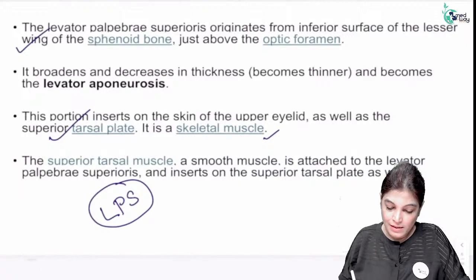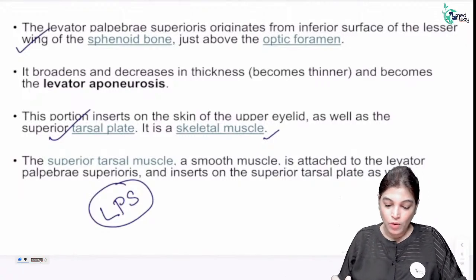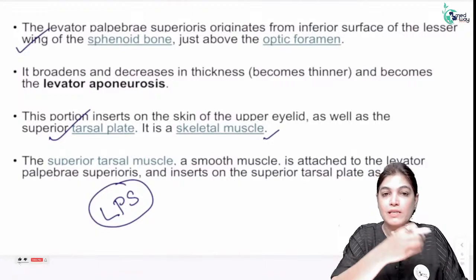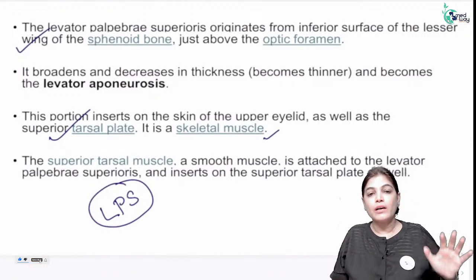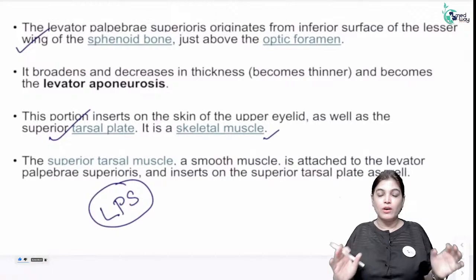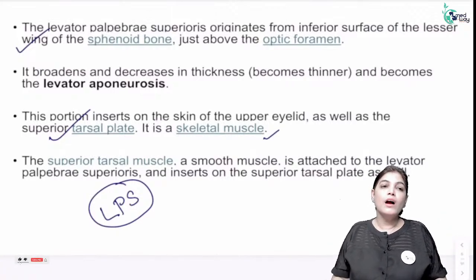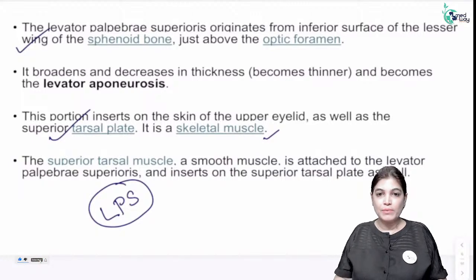Of the two important parts here, the superior tarsal muscle is the Muller's muscle, which has smooth muscle fibers. The nerve supply of Muller's muscle is from sympathetic innervation.